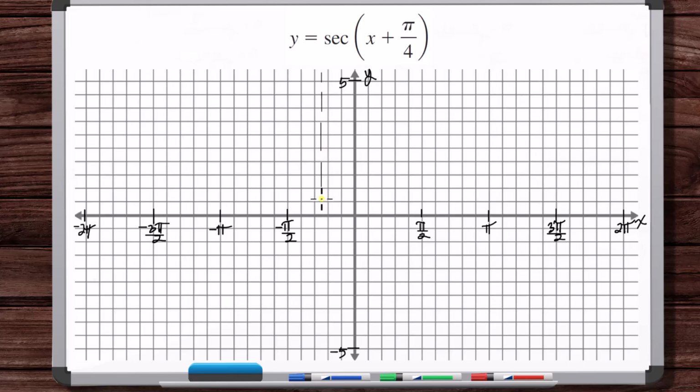So let's put, all right, now we go, let's see, pi over 4 in this direction here.